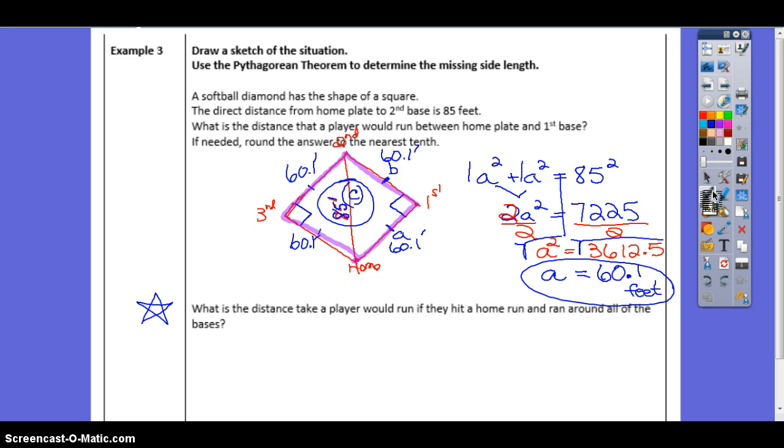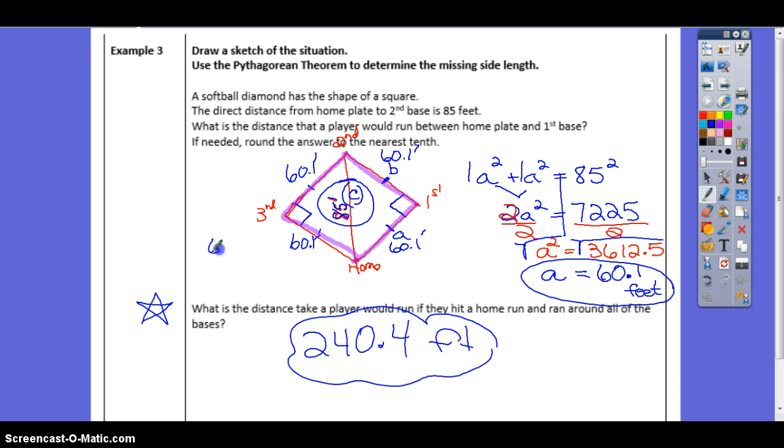How did you get that? 60.1 times 4. Because you could go the long way, 60.1 plus 60.1 plus 60.1 plus 60.1. That takes too long. What's the easier, faster way? 60.1 times 4.